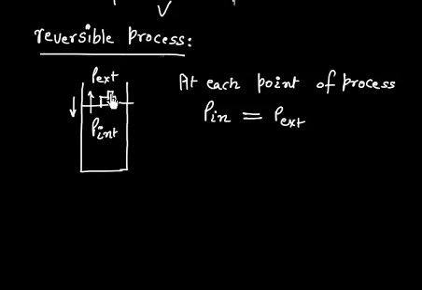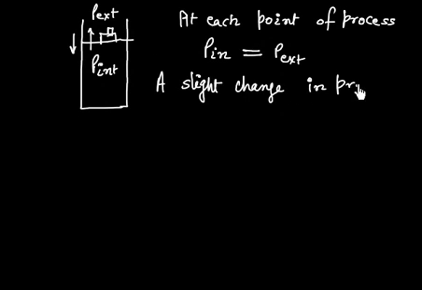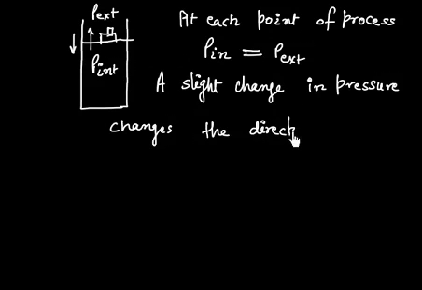In this case, if I increase a bit, the motion will be in this way. If I decrease a bit, the motion will take place in this way. So a reversible process can also be defined as one where a slight change in pressure or change in stress changes the direction of the process.